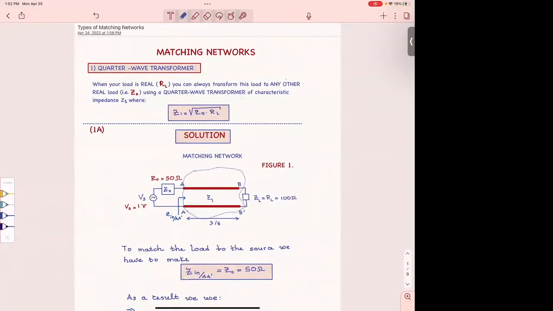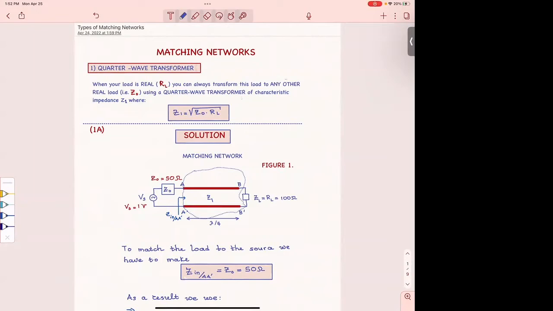Using a quarter wave transformer, you cannot match a real load to a complex internal impedance of the source. You cannot match a complex load to a real internal impedance of the source. You can only match real to real. So that's what you need to keep in mind.